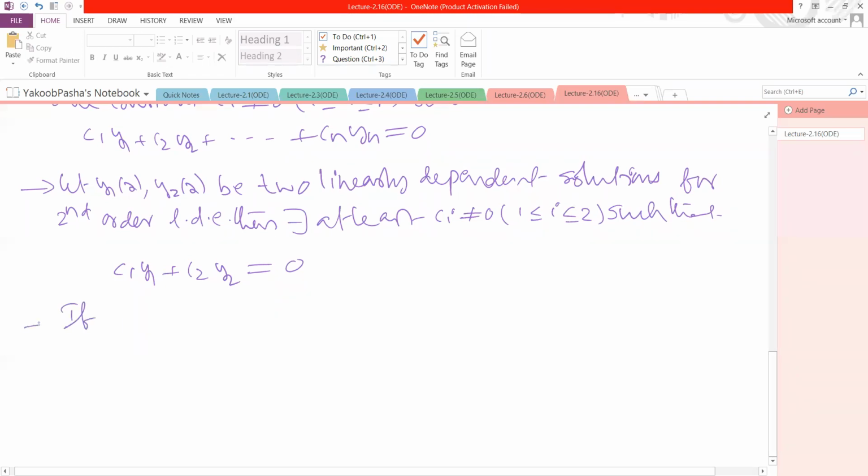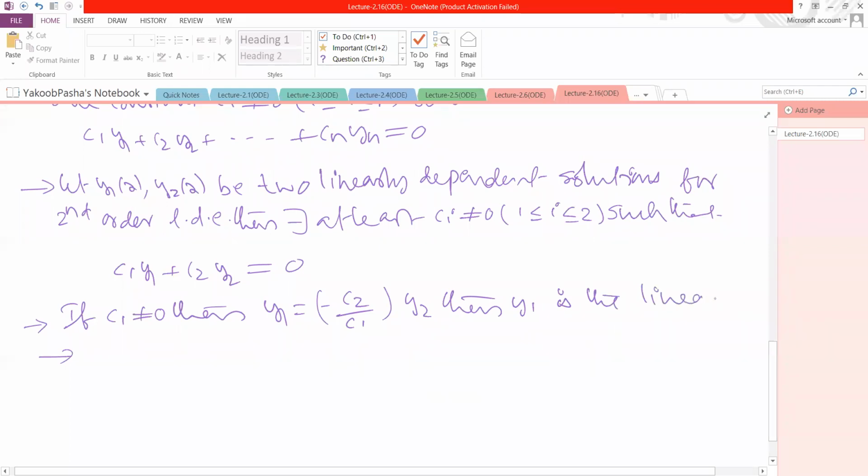If c1 is not equal to 0, this linear combination can be written as y1 is equal to minus c2 by c1 into y2. That means one solution y1 is the linear combination of another solution y2.